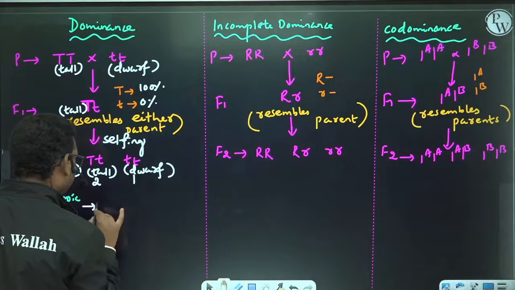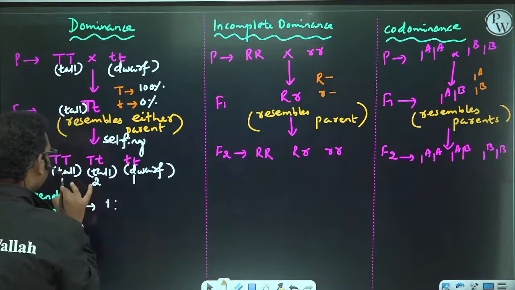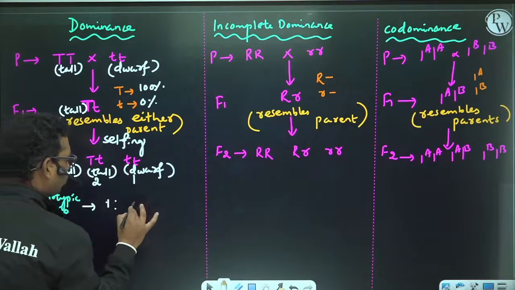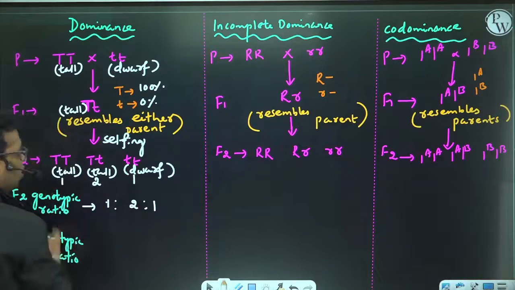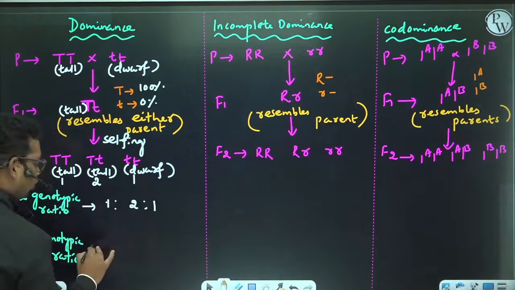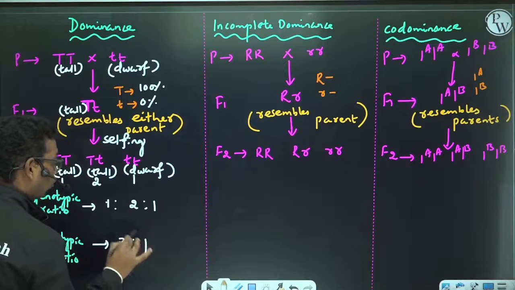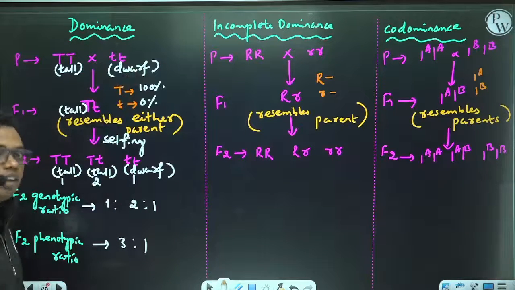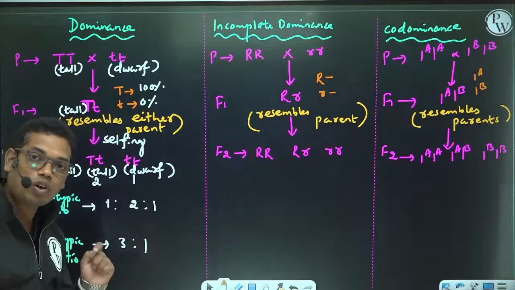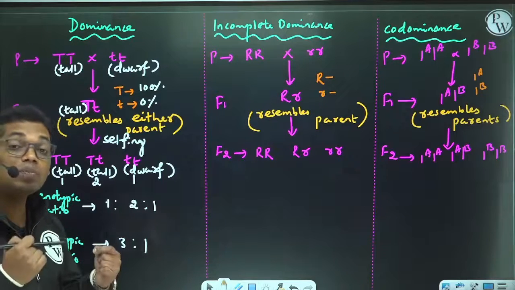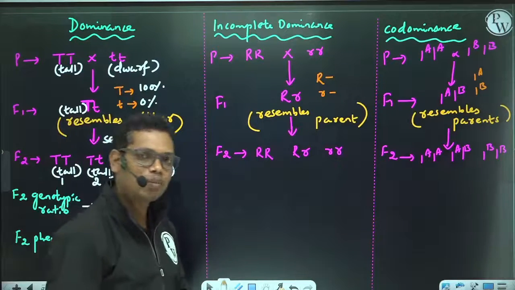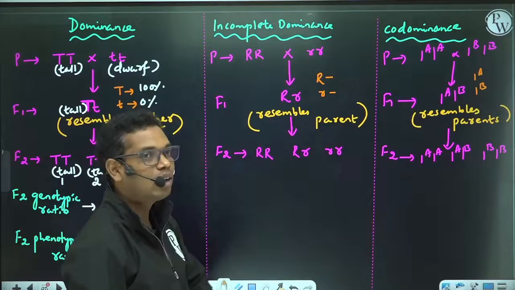The genotypic ratio is 1:2:1. What is the phenotypic ratio? 3 tall, 1 dwarf. So the phenotypic ratio is 3:1, in case of dominance. And whenever you say dominance, you have to think with respect to complete dominance. Now what about incomplete dominance?